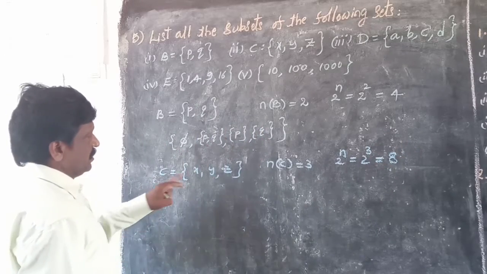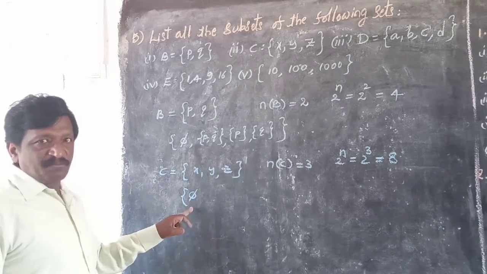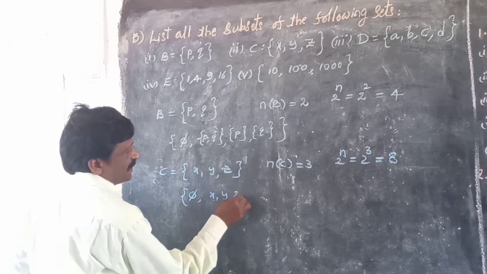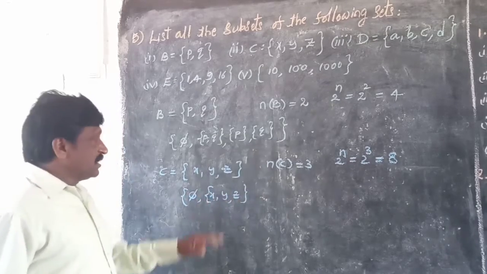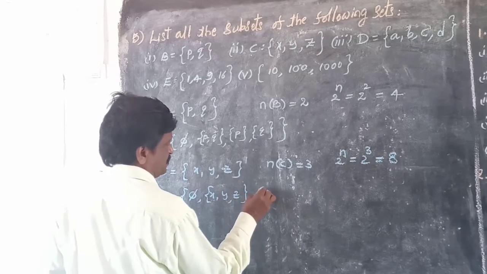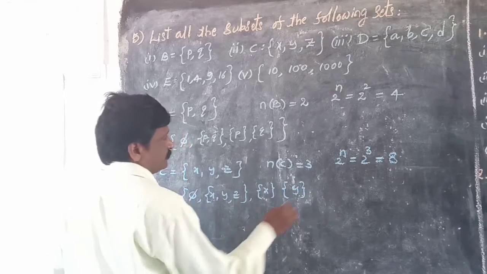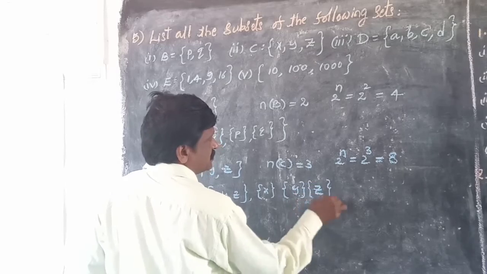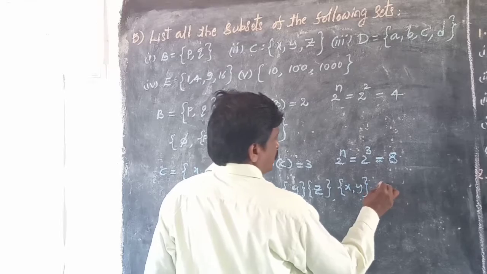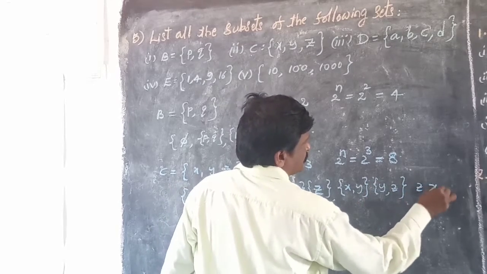So subsets: the null set is a subset of every set. Next, {X, Y, Z}, the set is a subset of itself. Next, the single element subsets: {X}, {Y}, {Z}, then {X, Y}, {Y, Z}, {Z, X}.